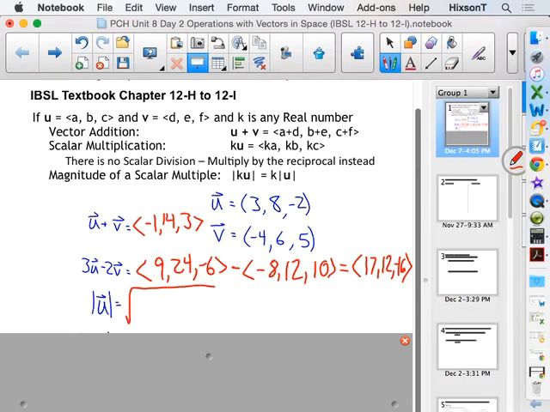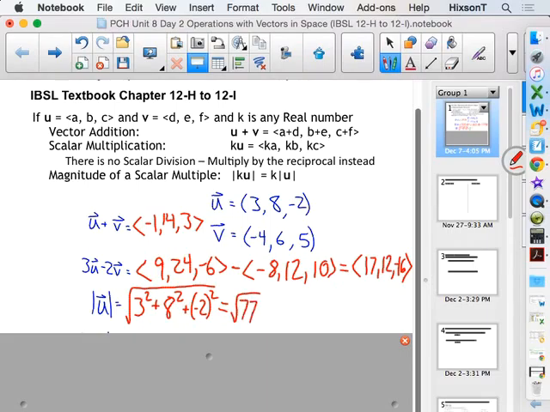Remember, in 2 dimensions, we derived it straight from the Pythagorean theorem. Three squared plus 8 squared. Now we just have this z component. Now it's negative 2, so we're going to throw that in there as well. Negative 2 squared. Alright, so 9 plus 64 plus 4, 77. Square root of 77.